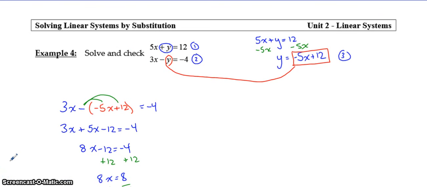Okay, welcome back. In this example, you had a y with a coefficient of 1 here and a y with a coefficient of negative 1 here. So you could have isolated either one of these. I chose to take equation 1 and isolate the y because the y was positive. So equation 1, subtracted 5x from both sides, and we got our expression for y. That gets substituted into the y of the other equation.